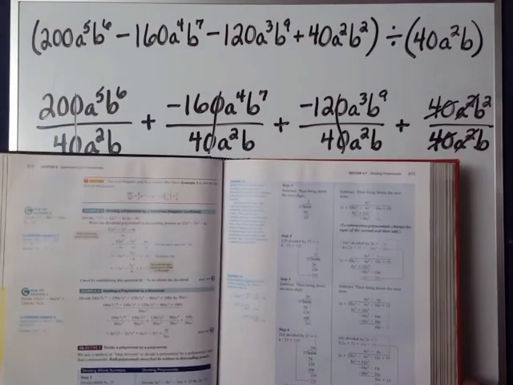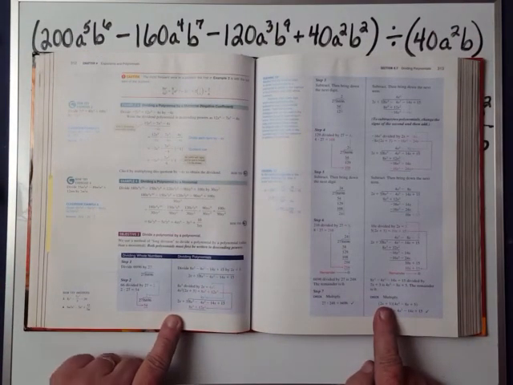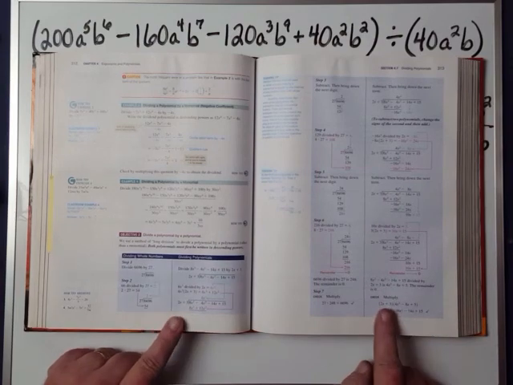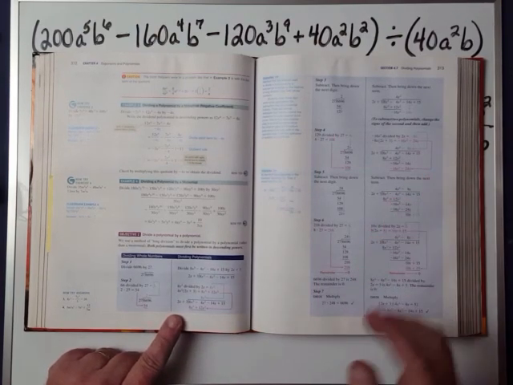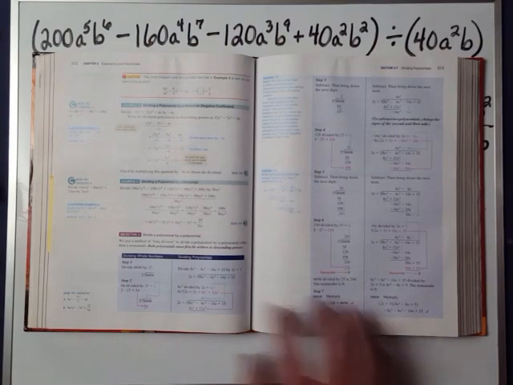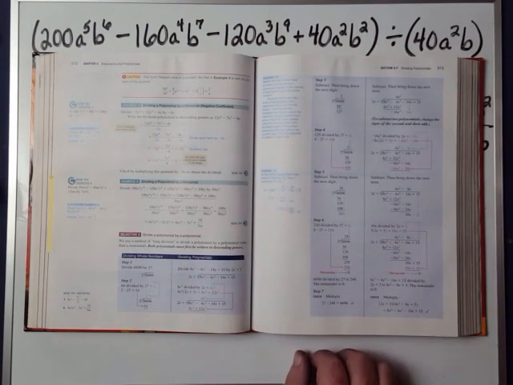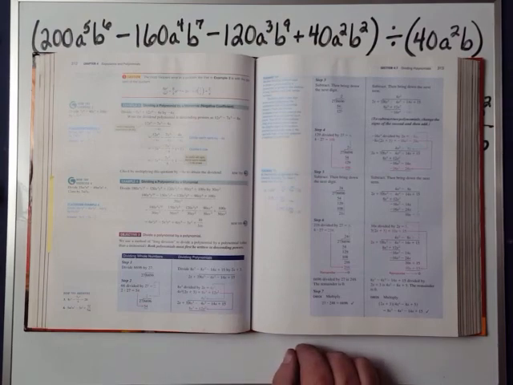You turn the page, she has a blue box that goes on for almost a page and a half, describing what we're going to be doing when we have divisors that are not single terms, divisors that are not monomials. And she's working one here for you in this giant blue box that has a binomial divisor.